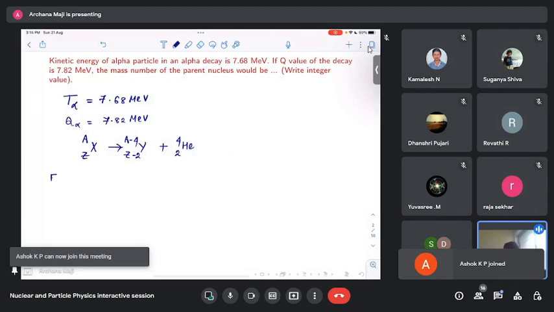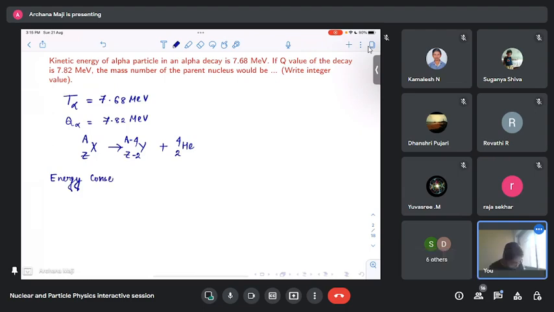Energy conservation says the mass of the parent nucleus times c square, which is the rest energy, is equal to m_Y c square plus m alpha c square plus kinetic energy of alpha particle plus kinetic energy of the daughter nucleus.